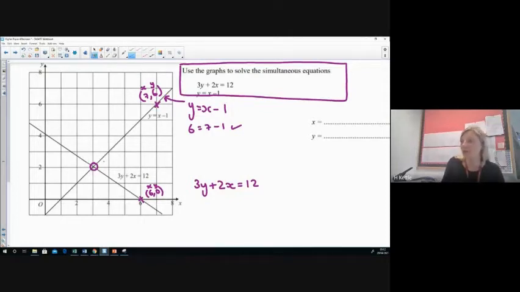So that coordinate is 3, 2. The x coordinate is 3 and the y coordinate is 2. So we're just going to say that x needs to be 3 and y needs to be 2. And if we substituted those values into both equations, it would make both equations true. And so we know that we've got a value that makes both equations solved.